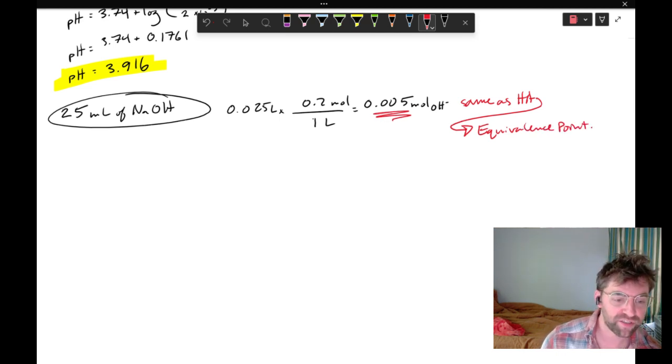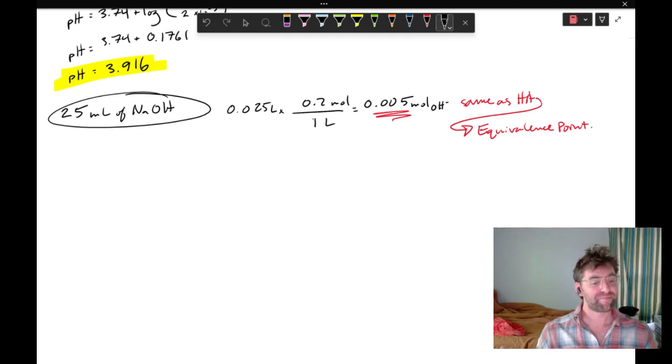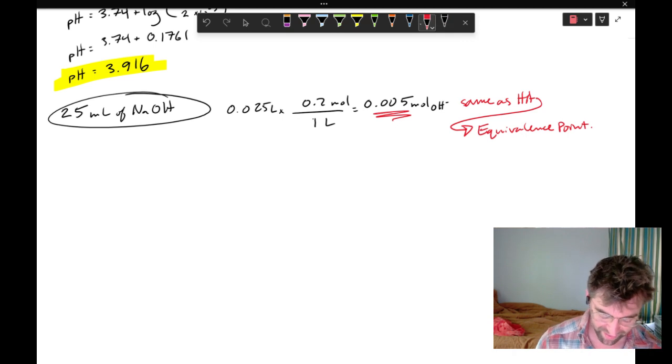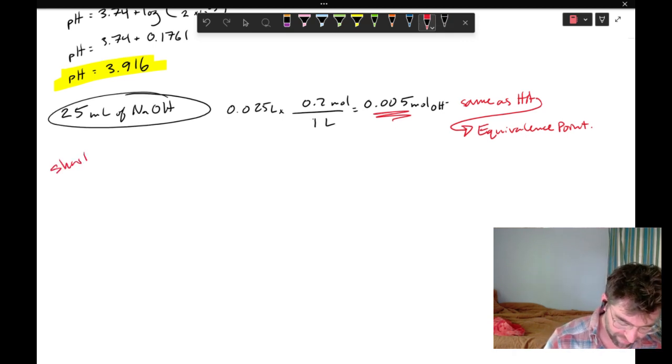The point at which all of the initial acid will be consumed by the titrant species. So here we get to make some reasonable assumptions based on that, and we get another shortcut.